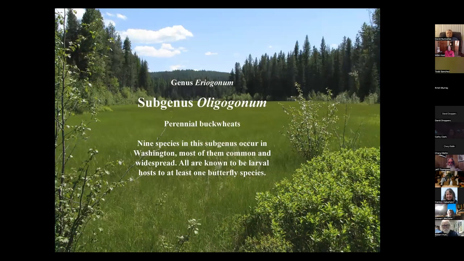The first subgenus, Oligogonum, we have 9 species in this subgenus in Washington. Most of them are common and widespread. All of them are known to be larval hosts for at least one butterfly species. And introduce the concept of leafy bracts.